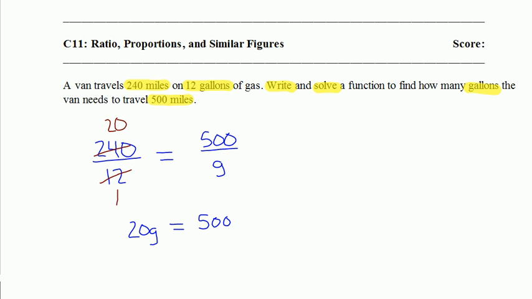And if I divide both sides by 20, I'll have G isolated. So G is going to be 25. 500 divided by 20 is 25. So my final answer, how many gallons was the question? So my final answer is 25 gallons. And we're good.